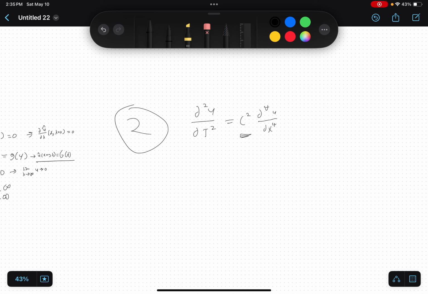All right, this c is just a constant, like a number or something. It's not a transform. So we have second derivative with respect to t, and fourth derivative with respect to x.